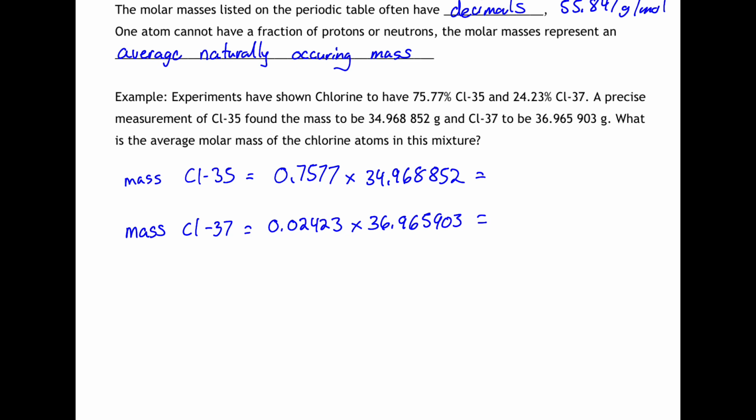All right. We're going to multiply these two things and get those answers. And what we're going to do is add them together. The first math, adding the masses, I get 26 something. 26.4959. There we go. And this is in grams per mole.